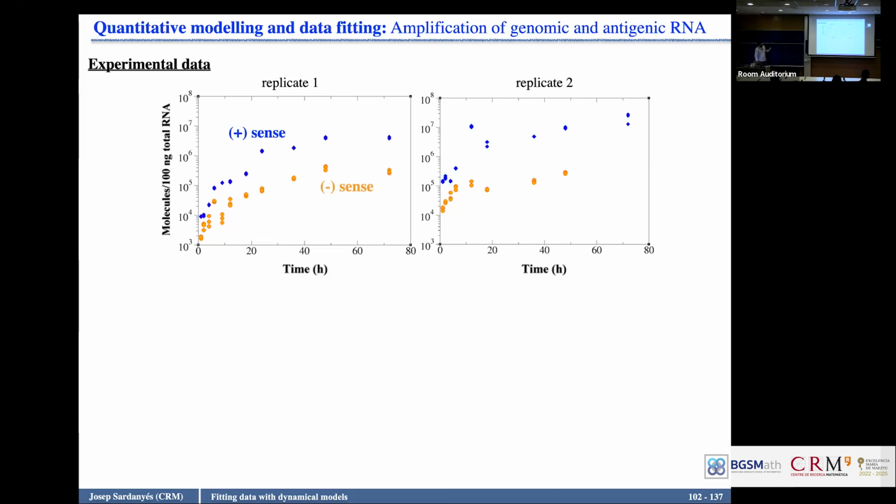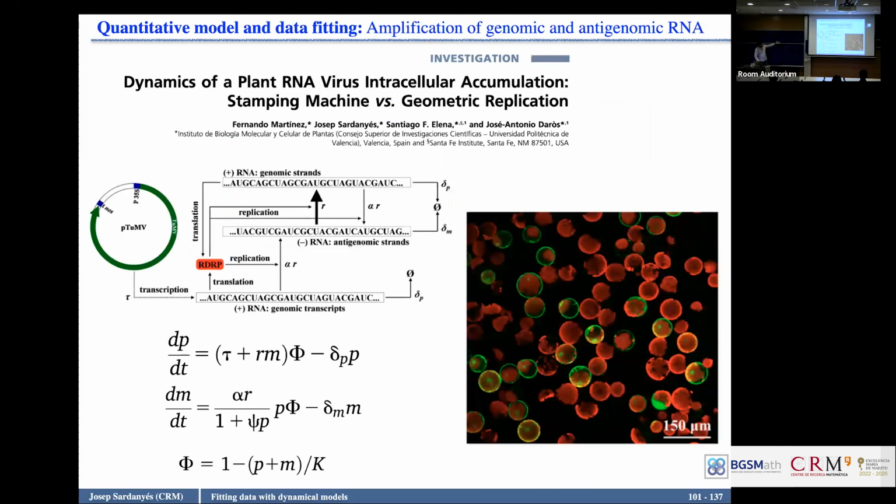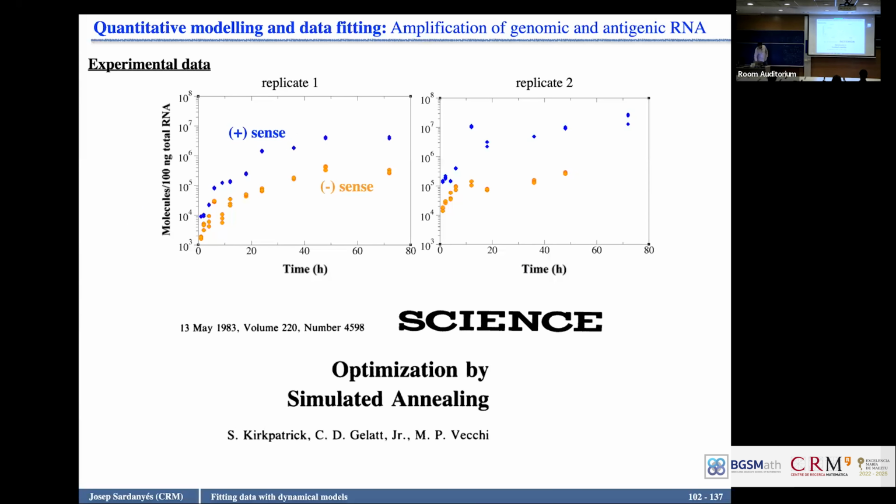So then our assumptions of the model, of course, I did the model after seeing the data. And this is why we introduce the logistic term here. We did not publish this in Science, okay? We published this in Genetics, but this is the main article that I was reading to prepare the fitting of this system.